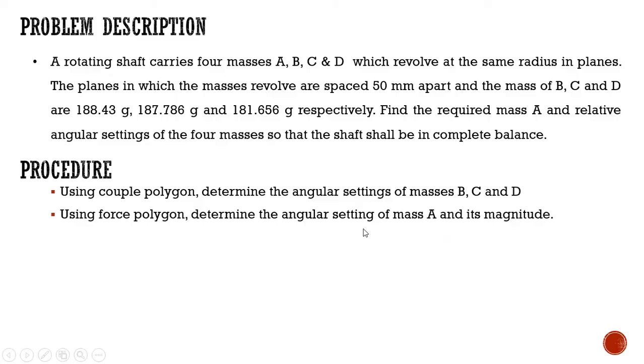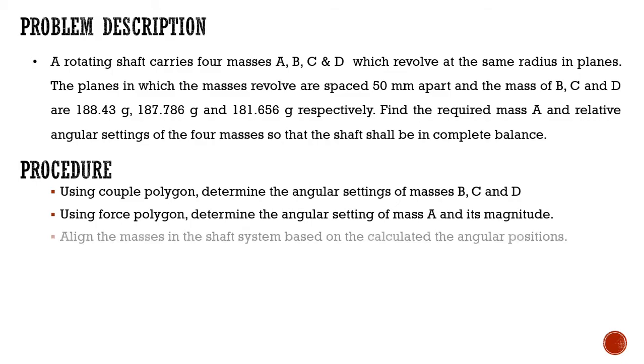So we are going to calculate mass A and its angular position. Third, we are going to use these results to align the masses in the shaft system. In the experimental setup, we are going to align the masses based on the angular settings that we have calculated through graphical calculations.